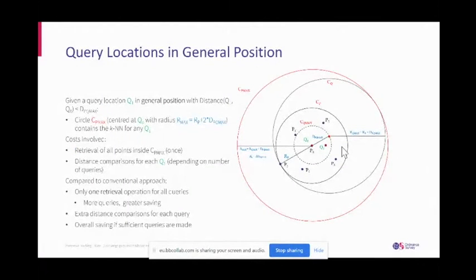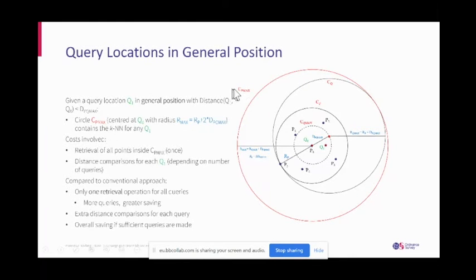Now we consider the query location in general position. Given the query location Q1, the distance from Q1 to Q0 is smaller than dpq max, an arbitrary distance. So the query location Q1 is inside the dashed circle centered at Q0 with radius dpq max.